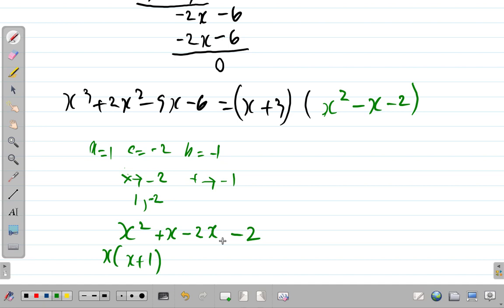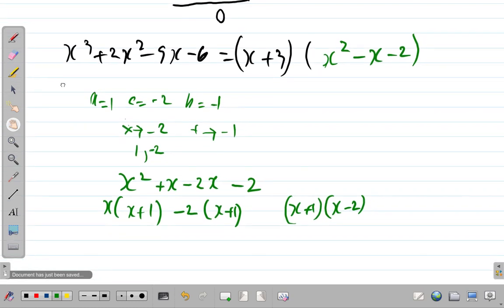Ensure that what you have in the bracket is the same thing as the x plus 1. So you have -2 outside the bracket, and it is going to be x plus 1 indeed inside the bracket. So what you have here is going to be x plus 1 times x minus 2. So it's completely factorized now.